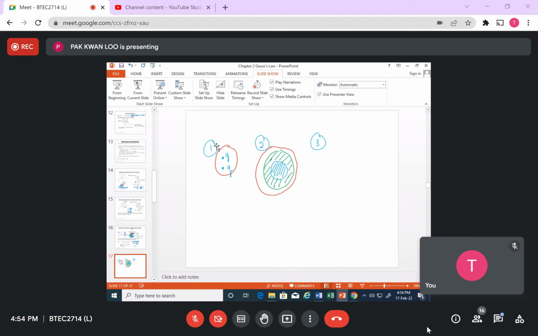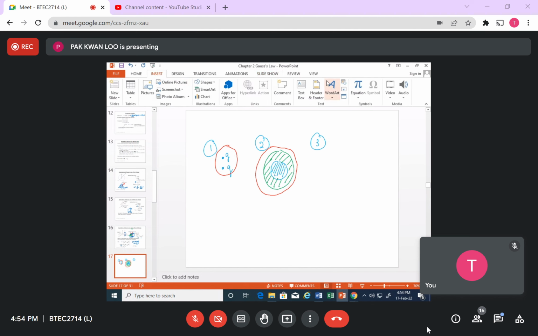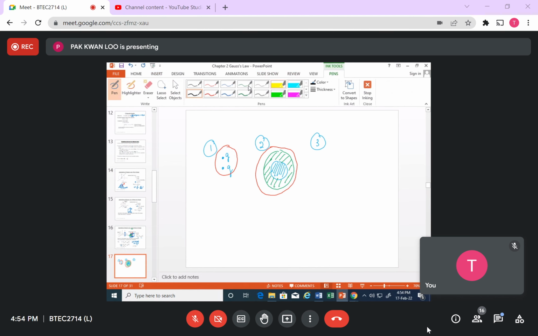It is quite impossible, because imagine now, if this is a sphere, remember this is a solid, hypothetical sphere.